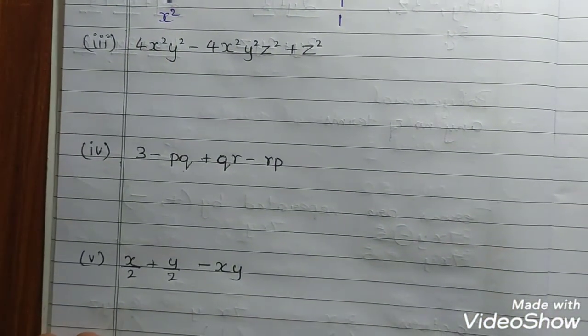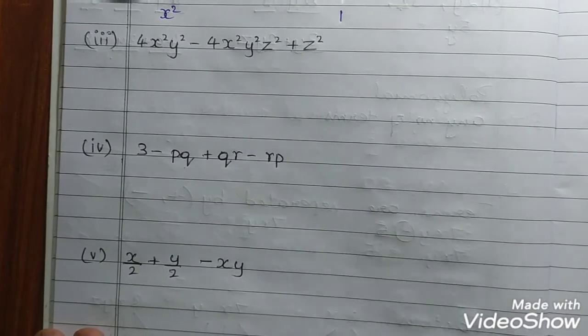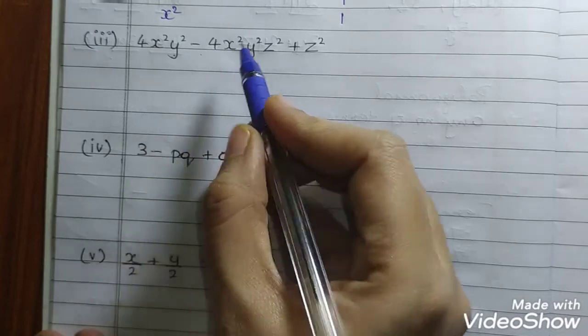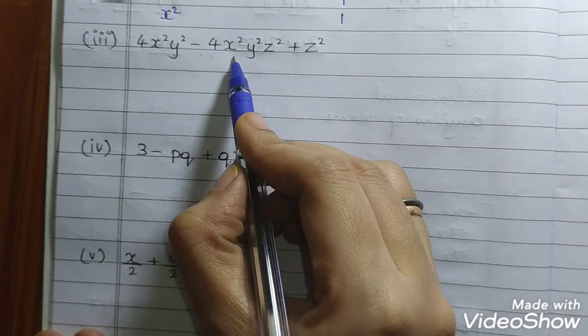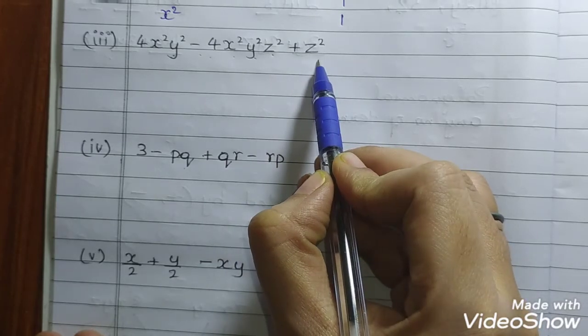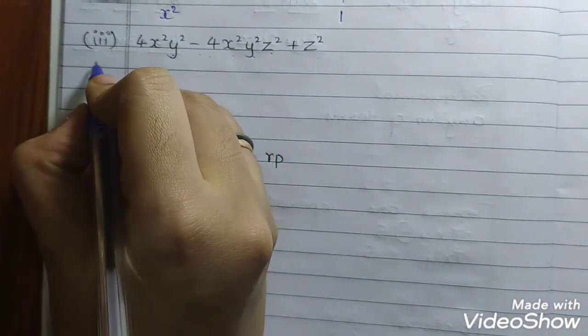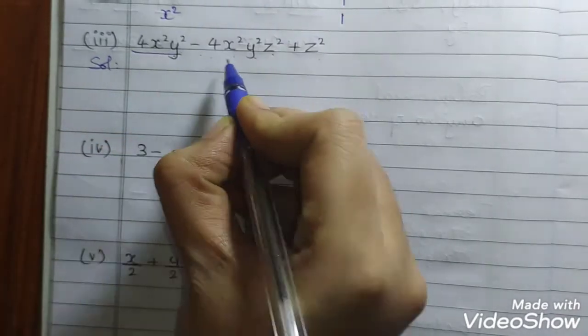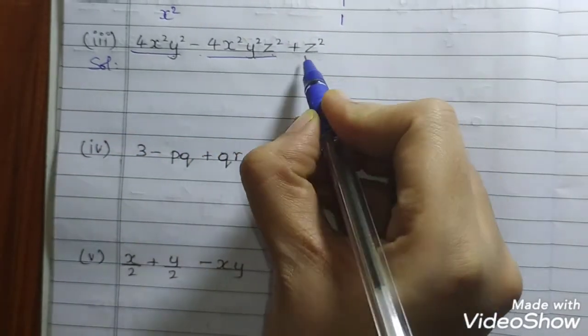Now the third question. The third question is 4x square y square minus 4x square y square z square plus z square. Okay. So how many terms are here? First part, second part and third part.